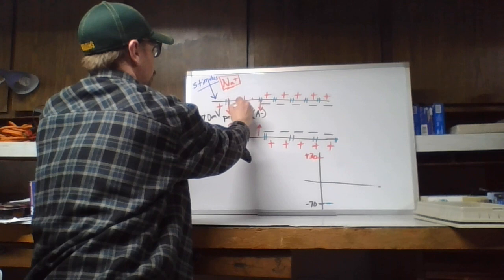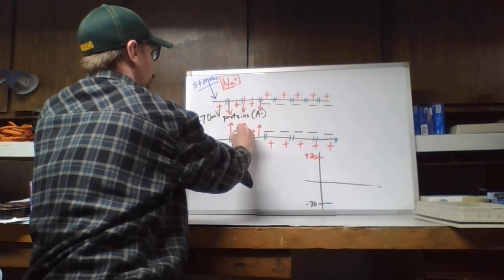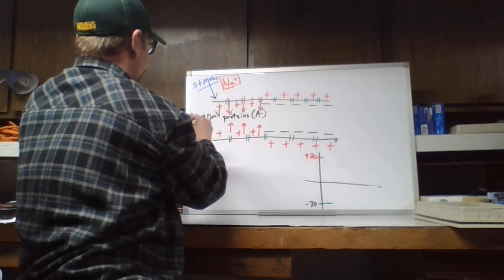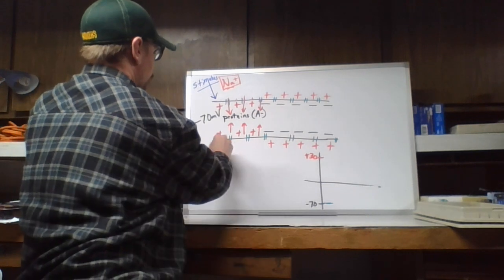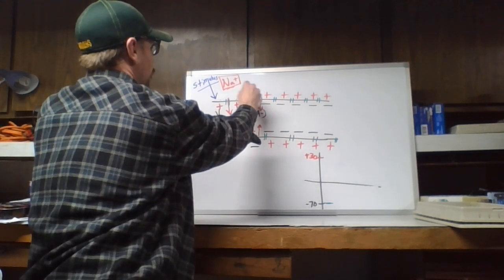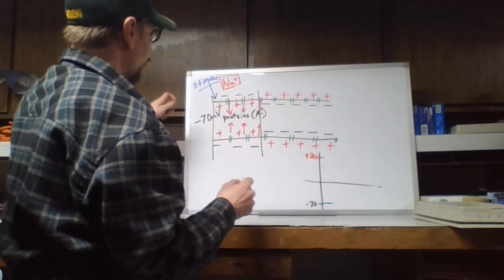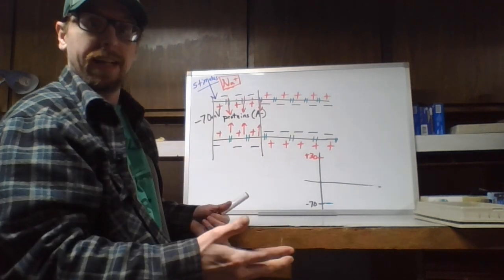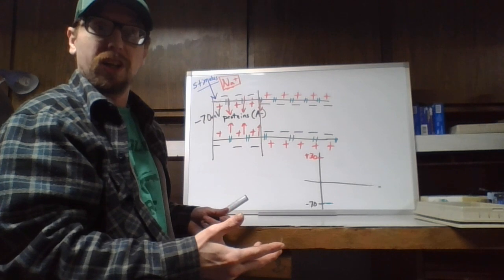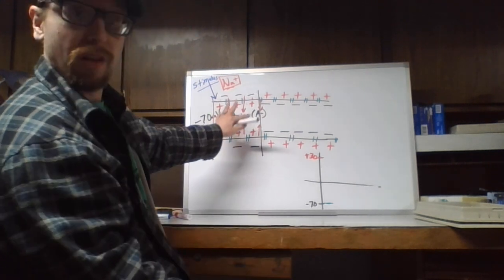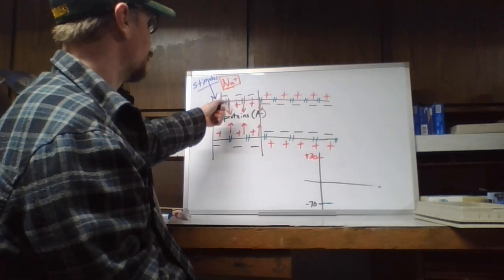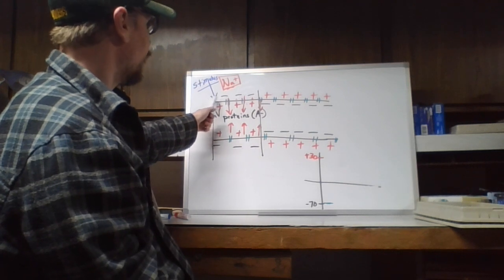Positive, positive, positive, positive, positive, positive, and I'm going to have negatives about like this. Okay, so what we have there is a flip of charges in that one location where the stimulus occurred.